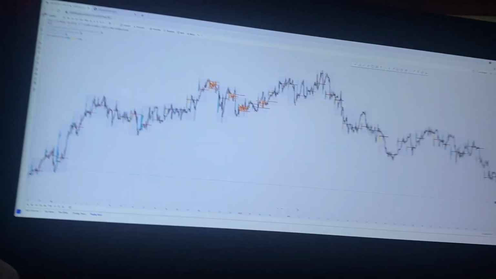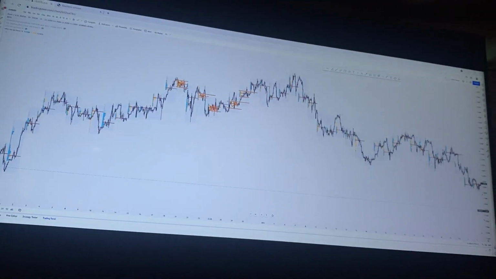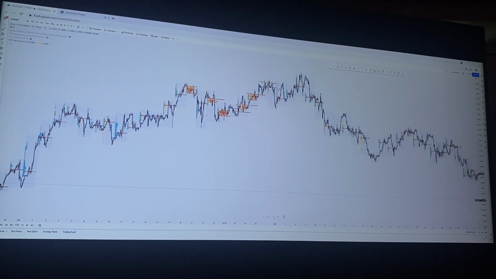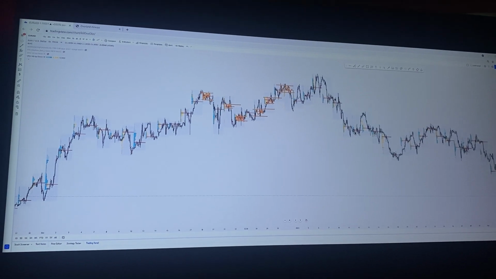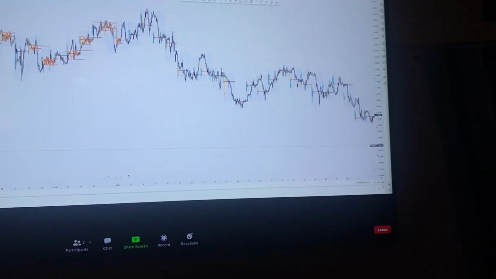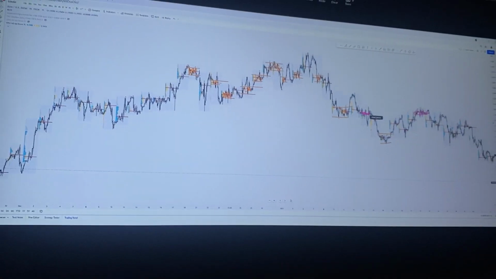See, range. Am I correct? Range, range, range.